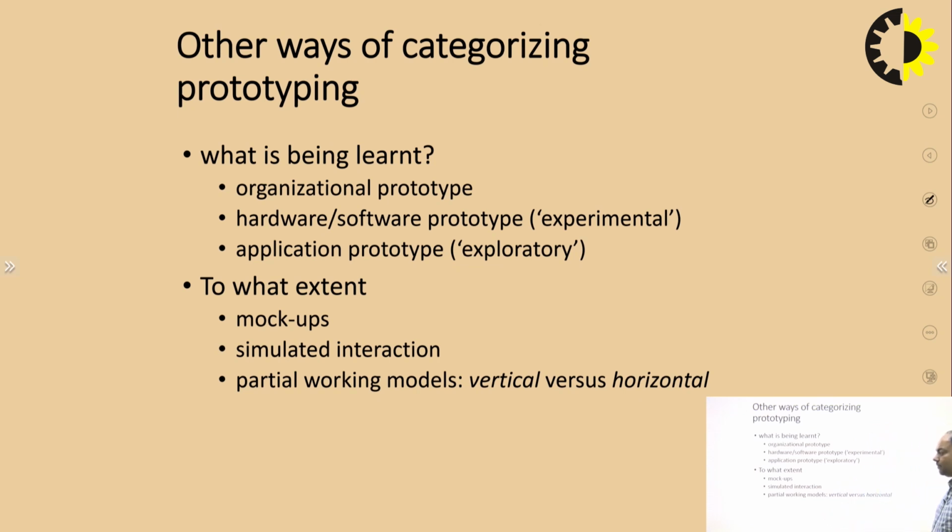Simulated interaction means we just interact to check the performance of the product. And partial working models means we start working on the semi-constructed model.